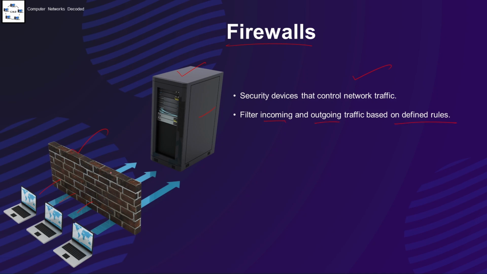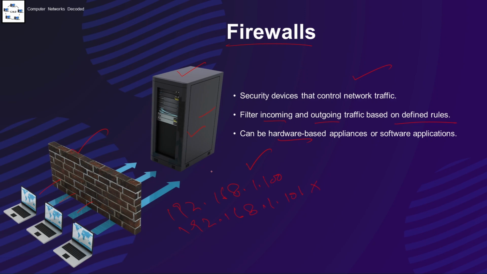So you can define different rules on the firewall, that, let's suppose, this IP address 192.168.1.100 is allowed, it can access services, while another IP address 192.168.1.101 is not allowed. So you can configure this type of rules.